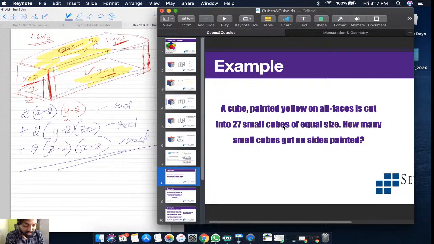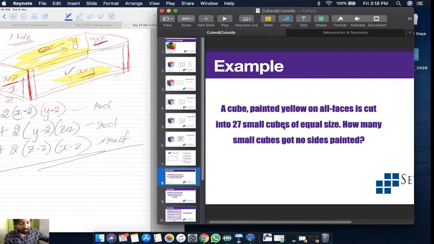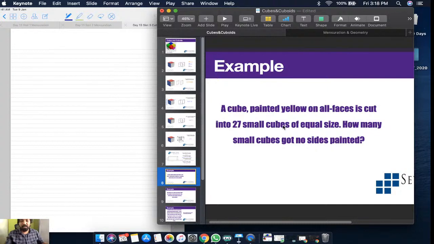The answer for the first question is 1. How do we get 1? 27 is equal to n cube, so n is equal to 3.